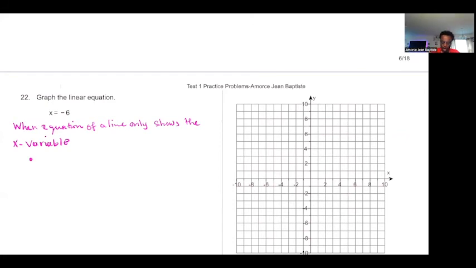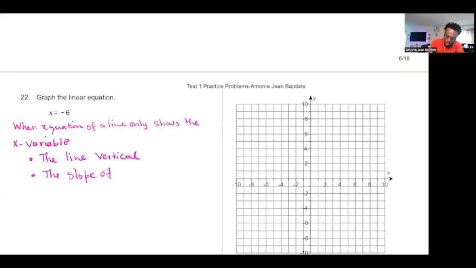First, the line is vertical. And then second, the slope of the line is undefined. The slope of the line is undefined.